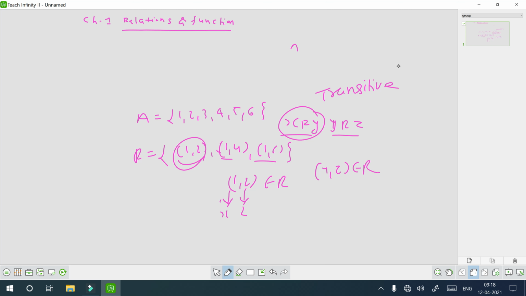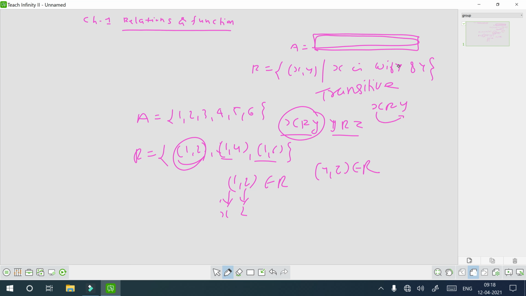For example, let us consider A is the set of all human beings at a particular time in a given society. Now let us define one relation R, ordered pair (X, Y): X is wife of Y. Now see, (X, Y) means what?